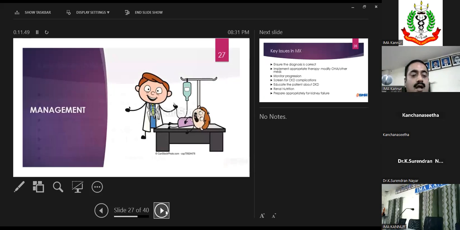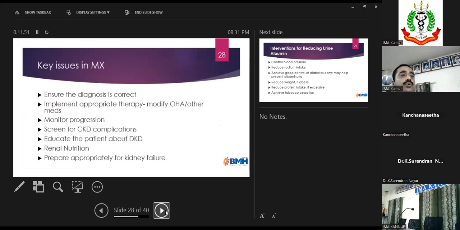Management. I'm not going to elaborate on the entire management of diabetes, but those which have some renal specific aspect. So the first thing is ensure the diagnosis is correct, that it's diabetic nephropathy and not other causes resulting in proteinuria. And modify OHAs.